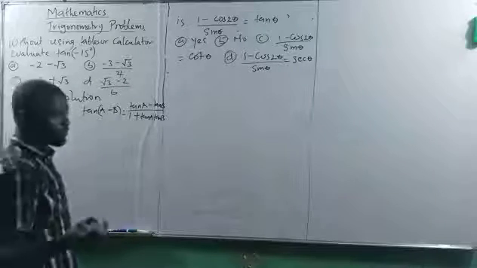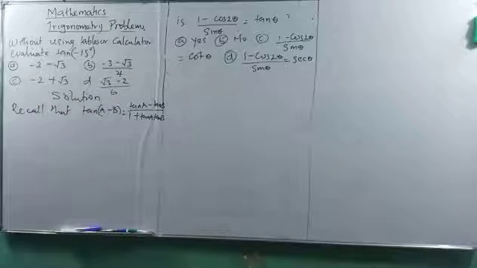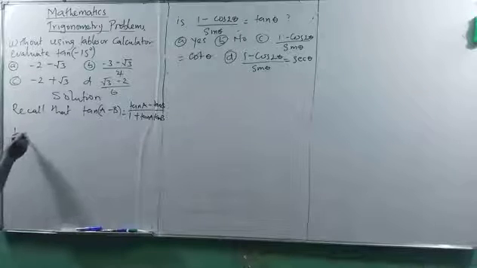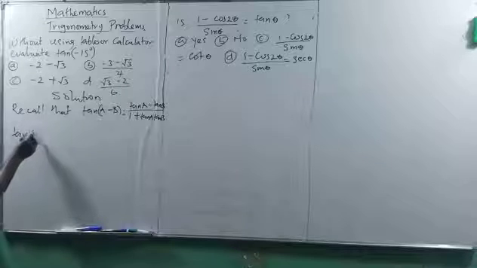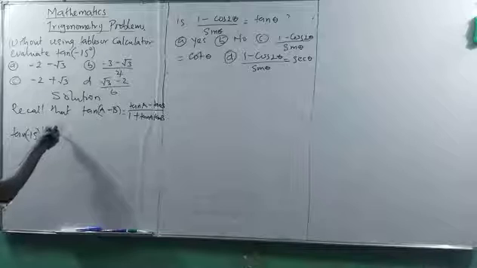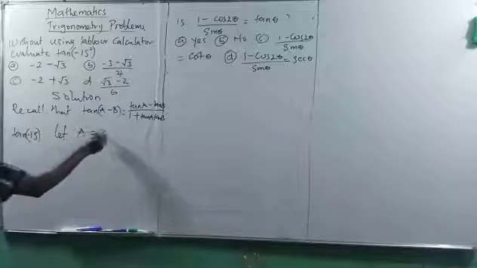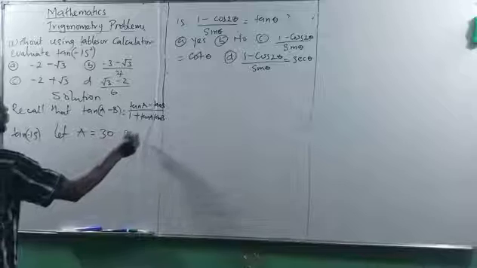We have the one for cos, the one for sine, and this is tan. Now, if that is the case, I can express my tan minus 15. Let A equal 30 degrees and B equal 45 degrees.